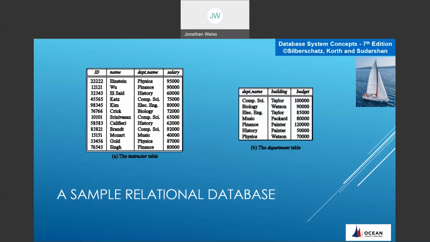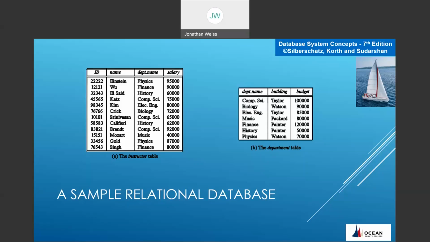So I might want to write a question or a query that tells me how much of my budget I've spent. So I need to be able to put these things back together. The way I do that is I look at the department name here and find out what the department name is here, and you can see that these two tables are related by department name.